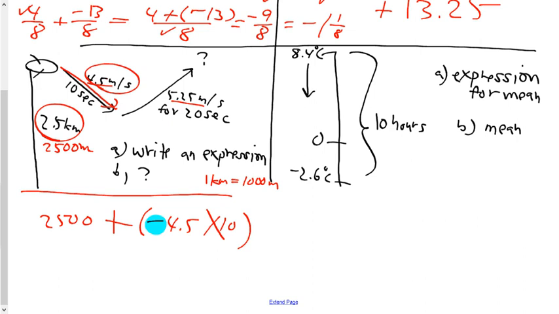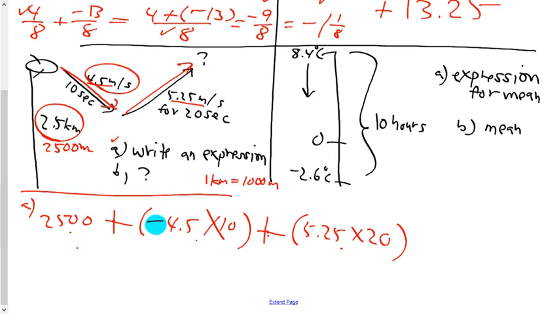And then it goes up, and it goes up 5.25 meters multiplied by 20 seconds. So that expression is A. That's what I'm looking for in your A, exactly like that: where it started, how much it went down, how much it went up, combined to get your final answer.